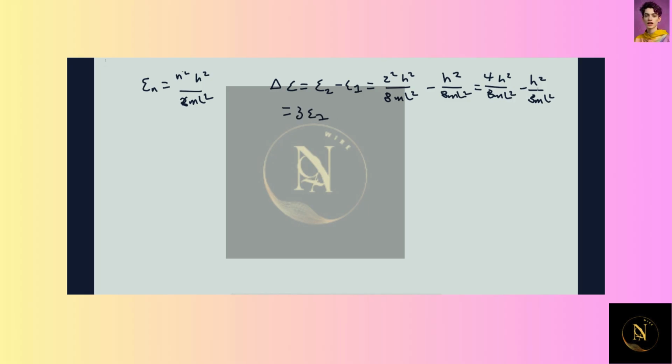So it's going to be 3 h squared over 8 m L squared, which is E1, so 3 E1.